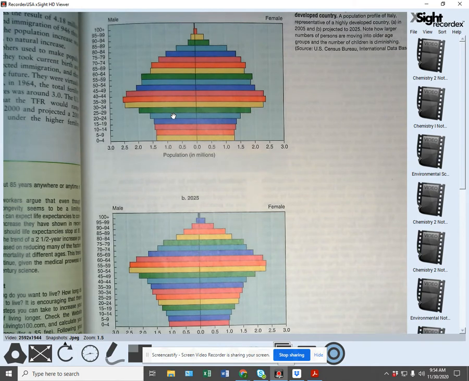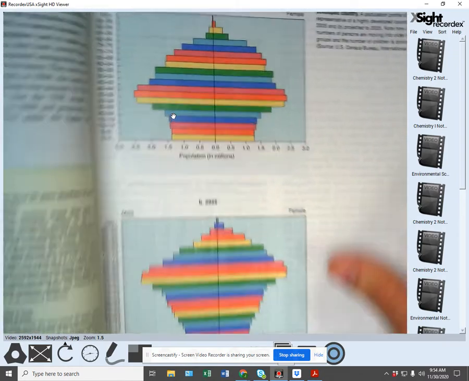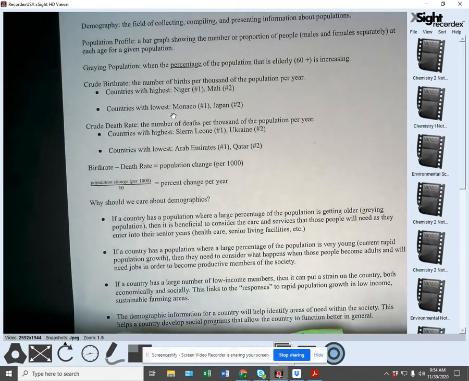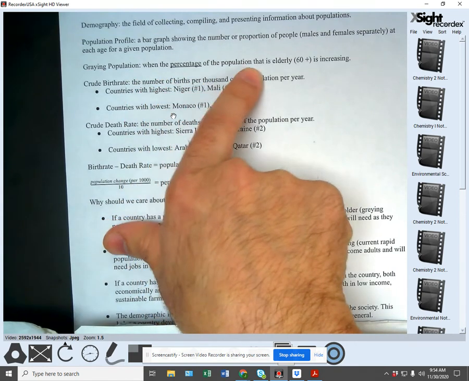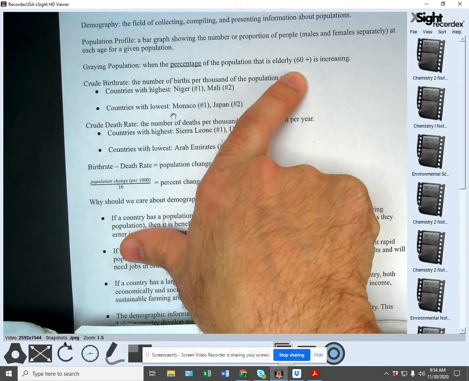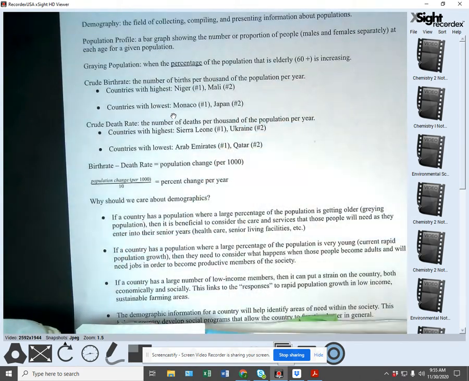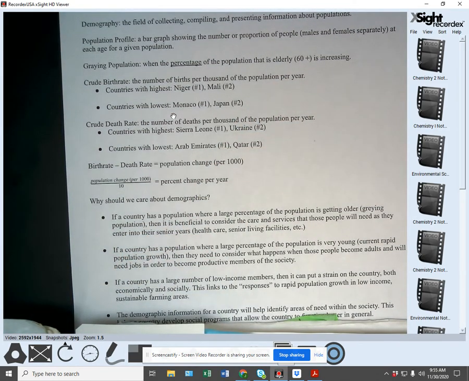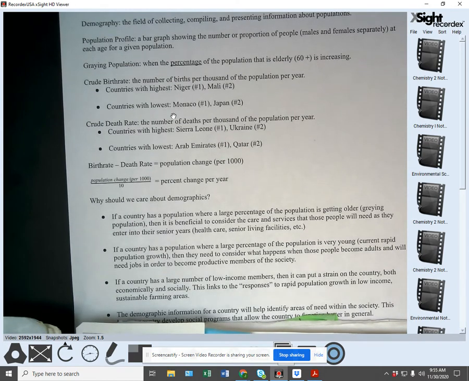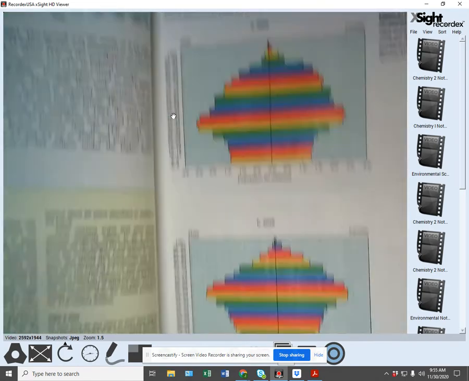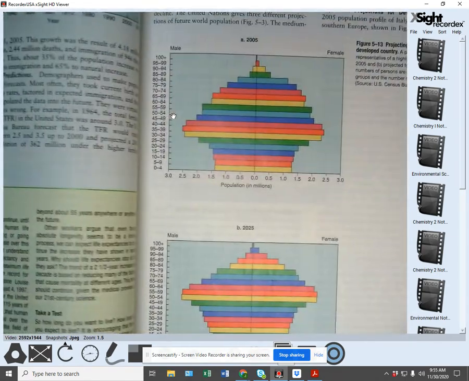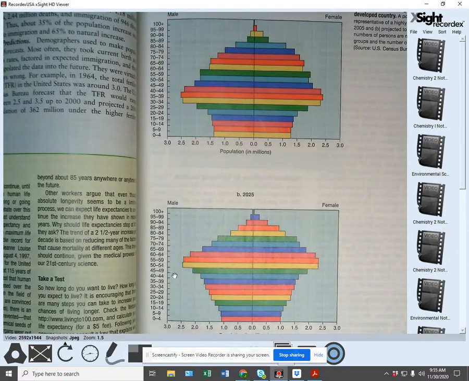Okay. Now, there's also something called a graying population. A graying population is when the percentage of the population that is elderly, 60 and over, is increasing. So in other words, a larger and larger percentage of your population is getting older as a percentage of your population, not total number of people. If you look at this projection for Italy as a developed country, where's the largest percentage of their population?